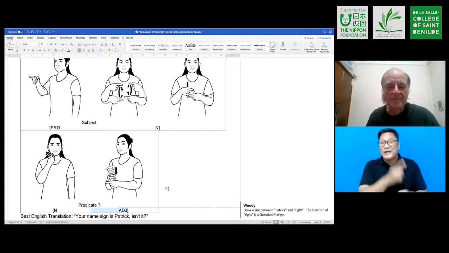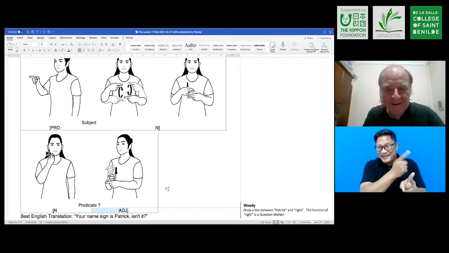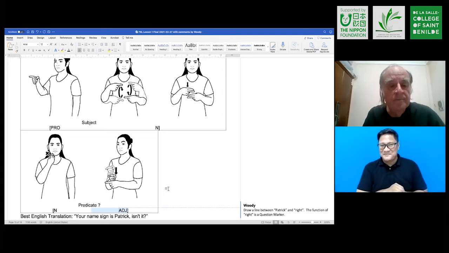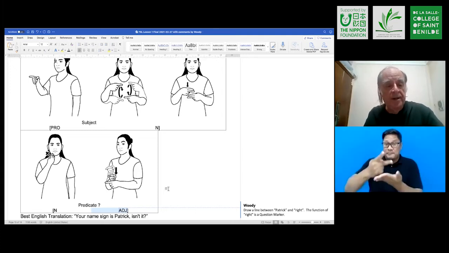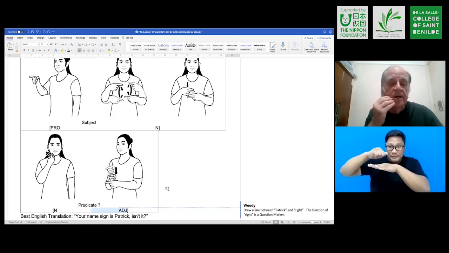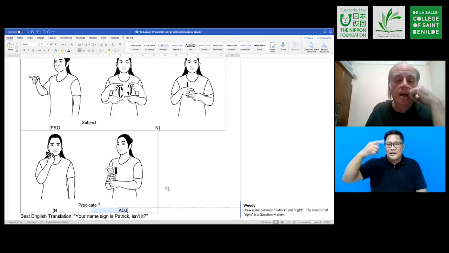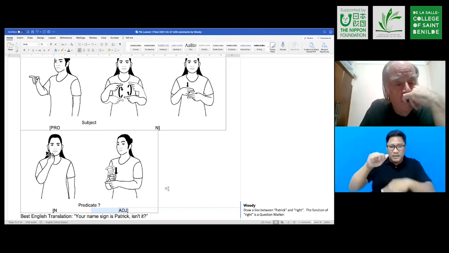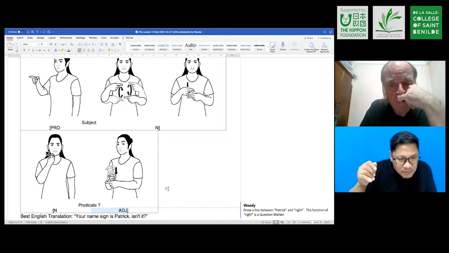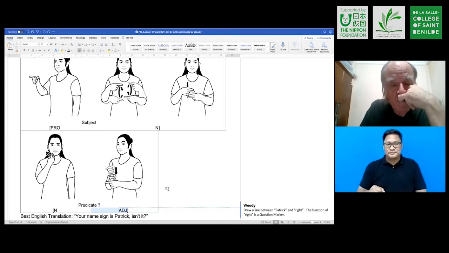Correct, correct. Okay. And then you would put predicate above the sign for Patrick and put the question mark above the adjective. So ADJ, adjective. Yes.